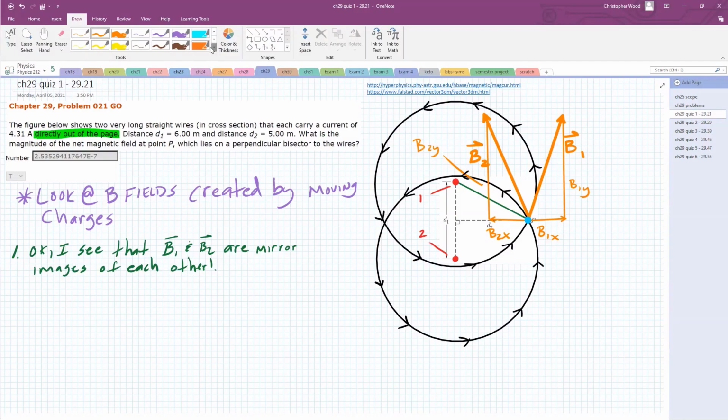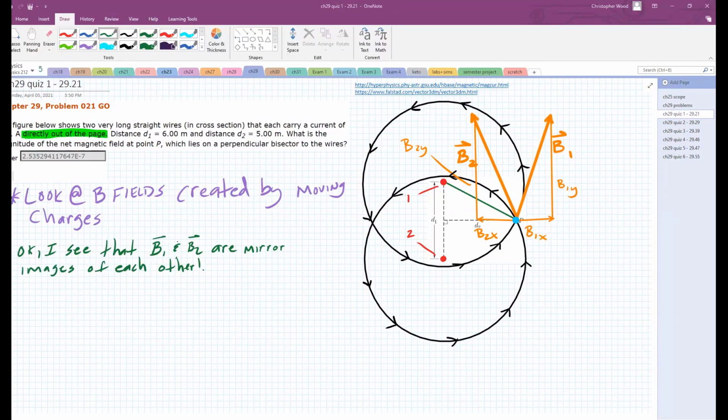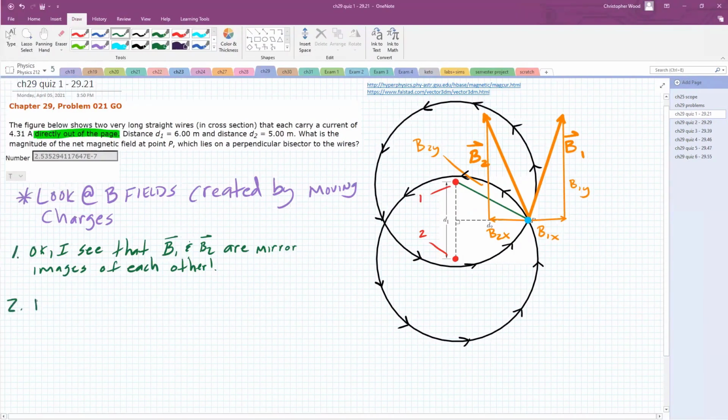And that's why I'm going to say here in step number 2 that x components cancel and y components reinforce. So B sub x's cancel and B sub y's reinforce. B x's cancel, refer to drawing.